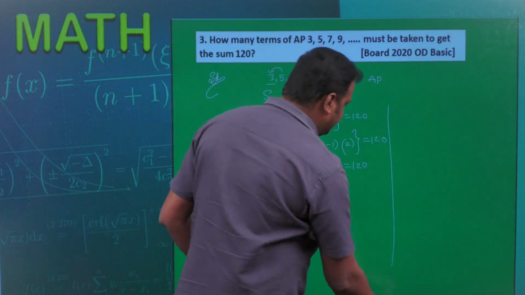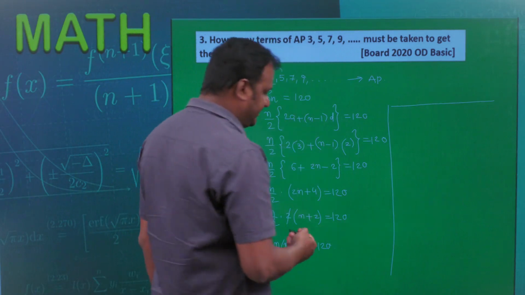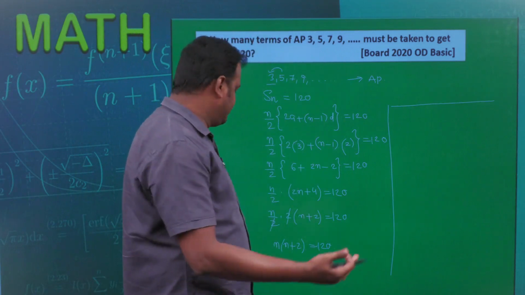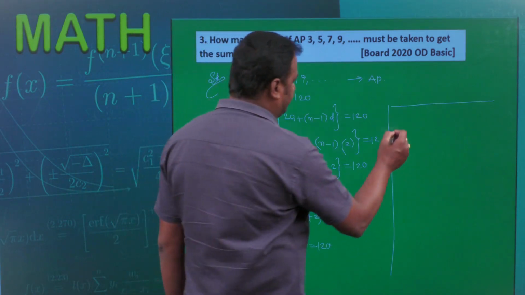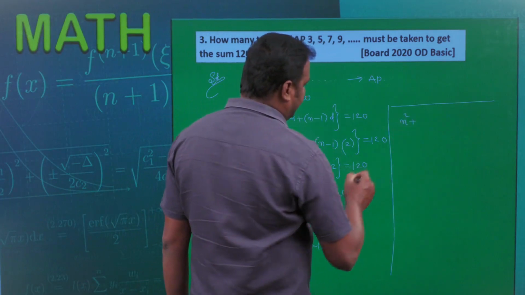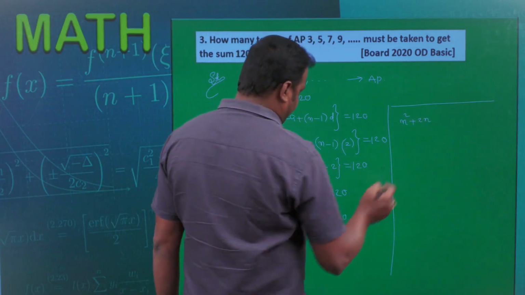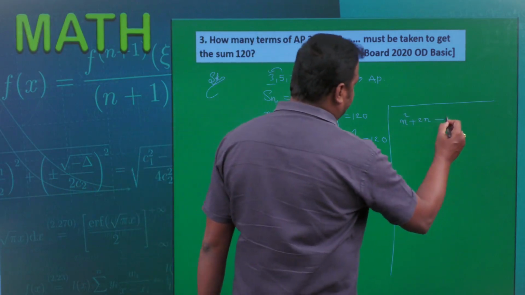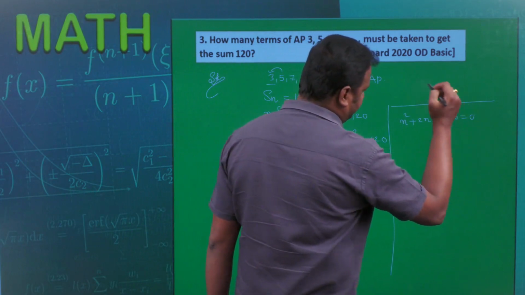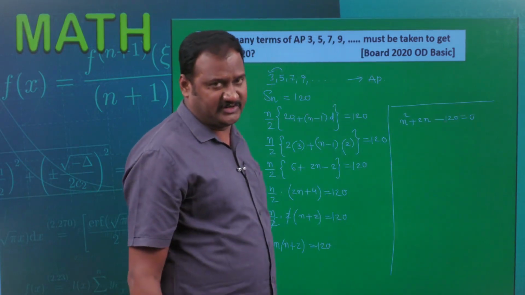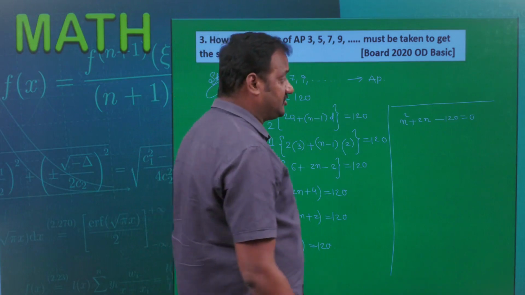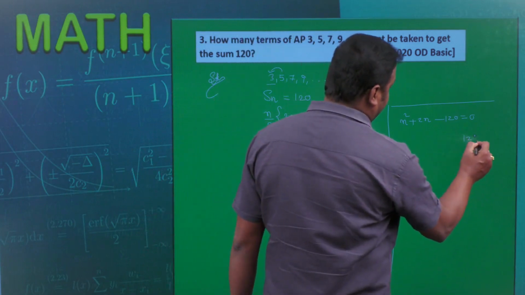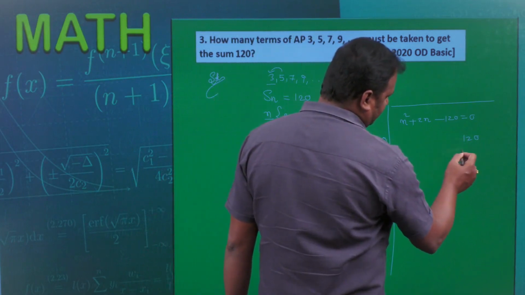Otherwise, if you feel it is difficult, you can convert it into the standard form of the quadratic equation, and then you can figure it out, no problem. n into n is n square plus n into 2 is 2n, and transposing 120 to this side, it would be minus 120 is equal to 0, right? You will have to factorize 120 as the product of two numbers differing by 2. So taking 120, what are the factors of 120?